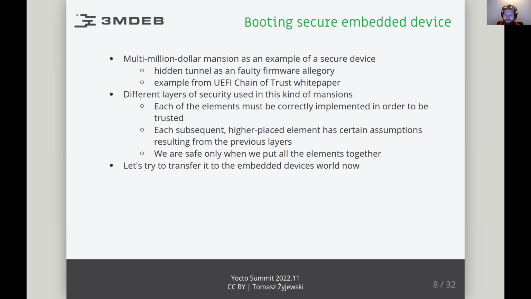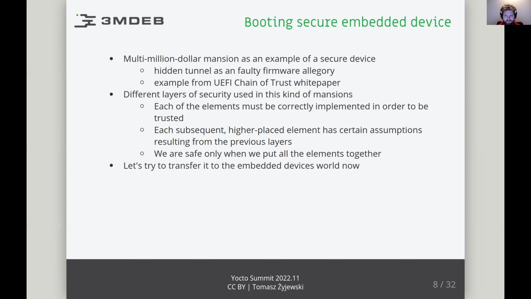For us to feel safe in this kind of mansion, each of those elements must work well and protect us from danger from the outside world. What's more, each of the defense elements in some way also depends on the previous segment. Let's say, for example, it is harder to overcome a high wall when there is a moat under it. So now let's imagine a tunnel running under all this construction that leads us straight to the danger.